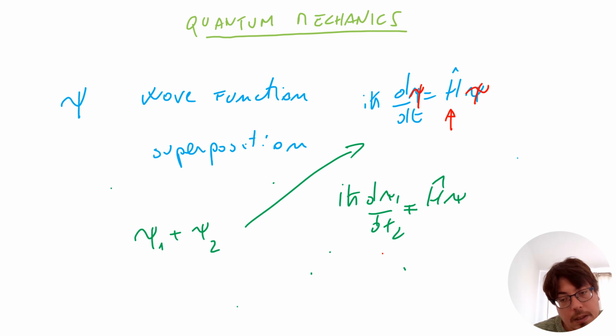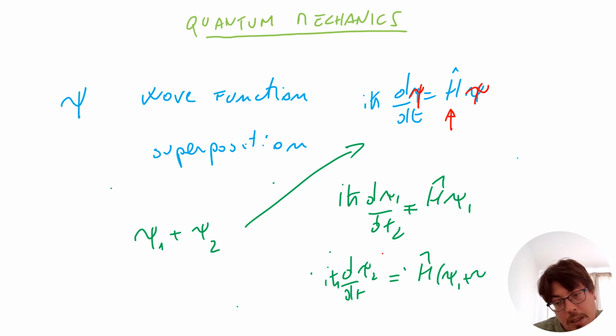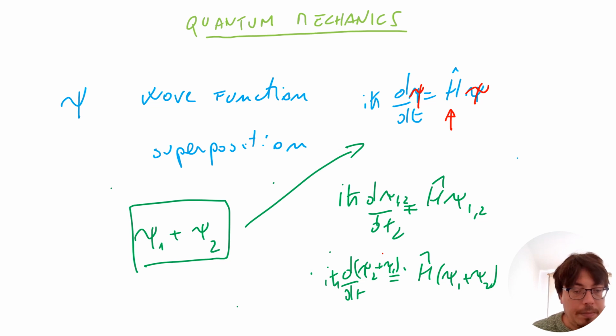This is easily seen because the derivative of the sum is the sum of the derivatives, and the Hamiltonian is a linear operator in most cases, so you can divide it. So if both wave functions solve the equation, even the sum of the two will solve the equation of motion, which means that if you have two solutions, even the sum of the two solutions will be a solution as well, so it can exist.